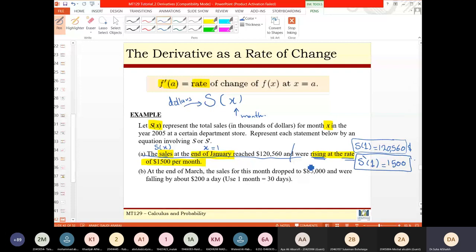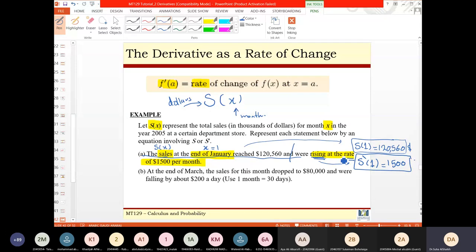So this is this, and this part is represented by this. Okay, there is a record for this, no problem. You can re-attend the class later on. So all the time, when we see the word raising, the word rate of change, or the word slope, all mean the derivative here.